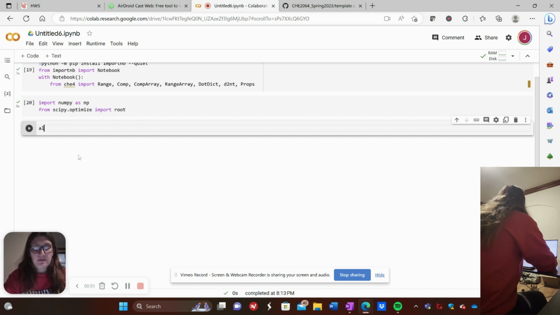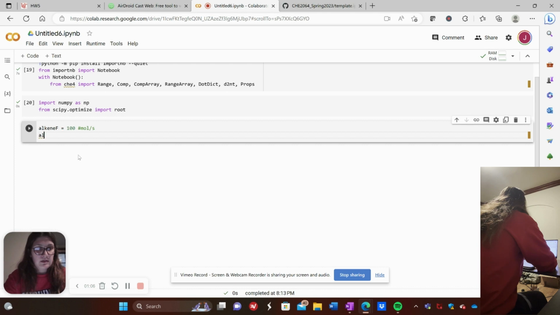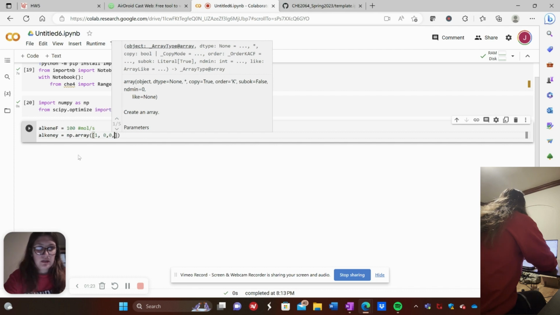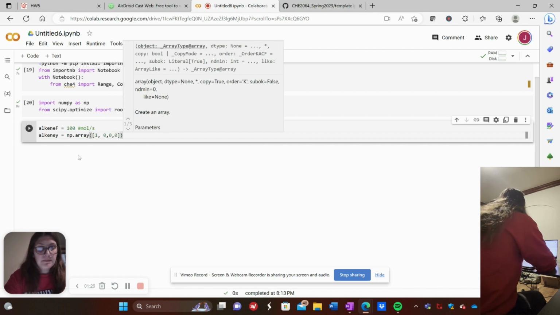So first we have the alkene flow rate, which was 100 moles per second. Our alkene composition was np.array with 1, since our alkene is first, and then we had none of the other compounds there.